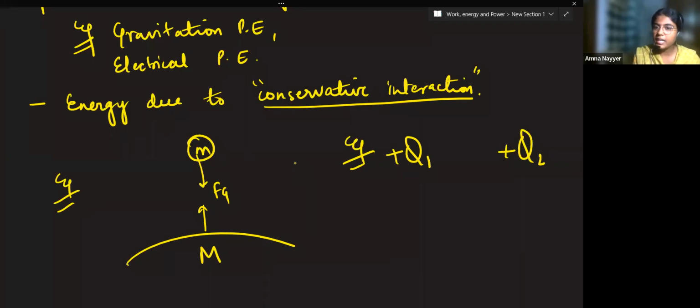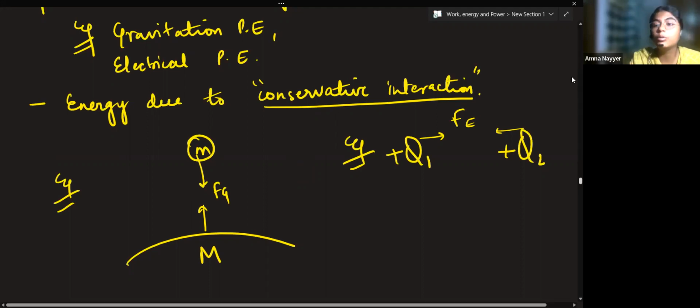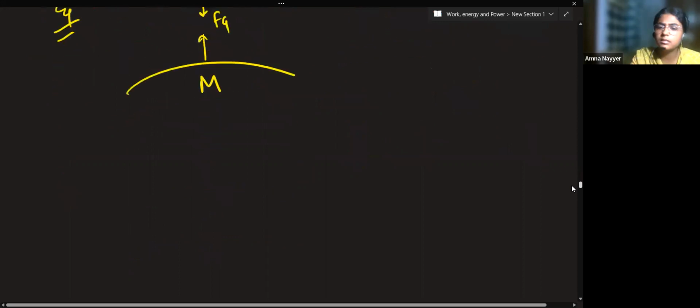But one fact I know, charges will exert electric force on each other. So if electric force exists, then due to repulsion, since both are positive charges, there will be repulsion. But remember, only kinetic. Why? Any idea why non-conservative forces cannot possess potential energy?